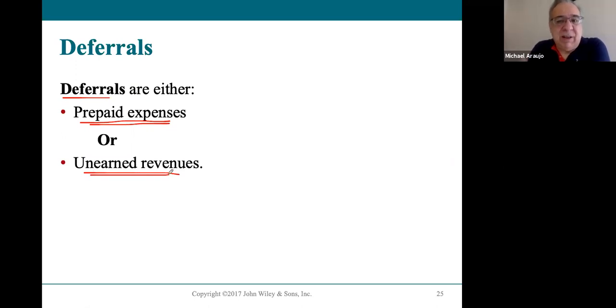But after we deliver the service or deliver the product, it's no longer unearned, it's actually earned. It should be in our revenue account. But again, we have to wait. That's the deferral piece. We have to wait until we use the asset to expense it. We have to wait until we deliver the good or service before we recognize the revenue. That's the waiting, postponing part.